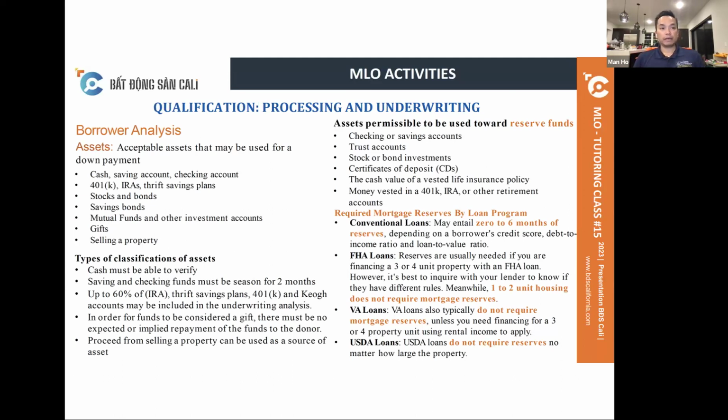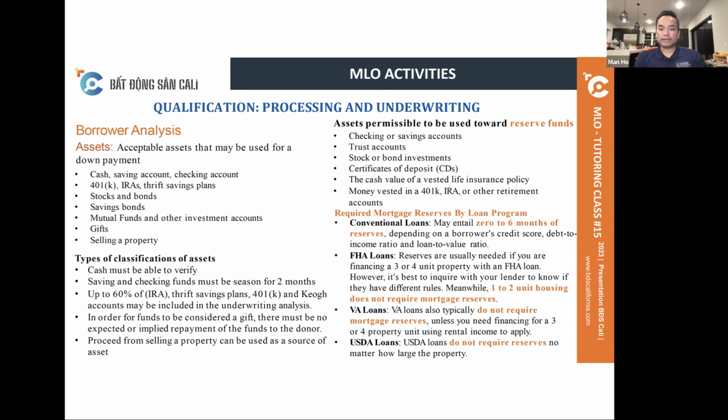Loan to value is what you borrow. Let's say the home costs $1 million, you put down 20%, then loan to value is 80%. Okay, you borrow 80% of the total value of the property. So it's called loan to value.